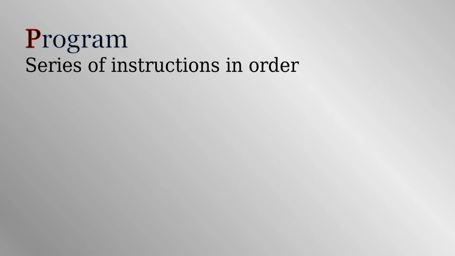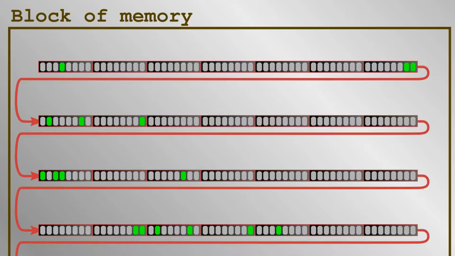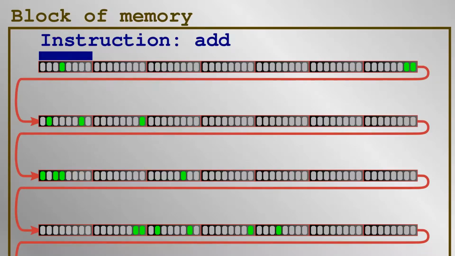A computer program is a collection of instructions and addresses to be done in order. The computer goes from instruction to instruction to make the program run. Let's look at a specific example, part of the game, which is just a program after all, where the player has a wallet with coins in. This is what the contents of memory might look like. Byte number 0 is the instruction to add.